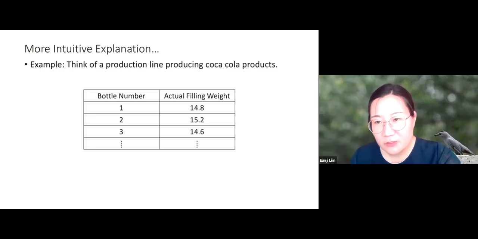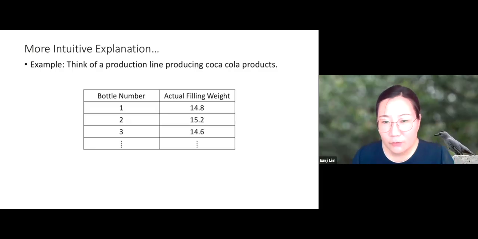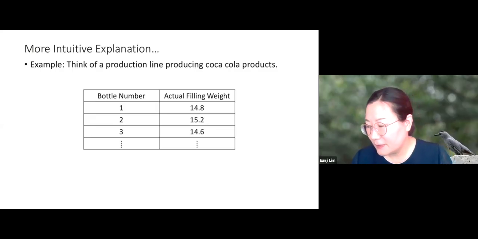So if the machine is working properly, it will fill up the bottles with 15 ounces of soda. But if you observe the actual filling weight, it's a little different from 15 because of common causes.